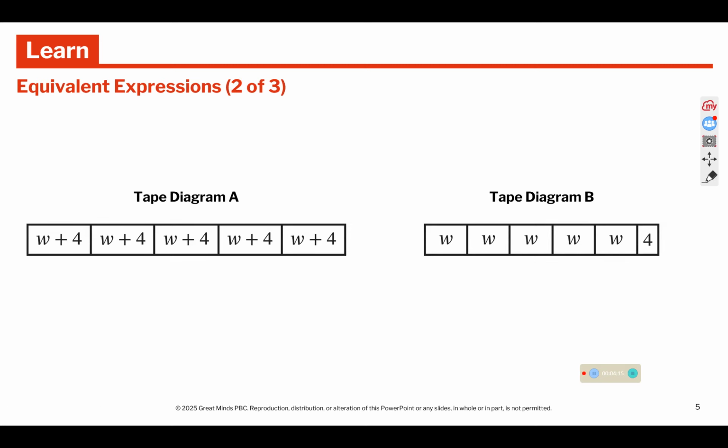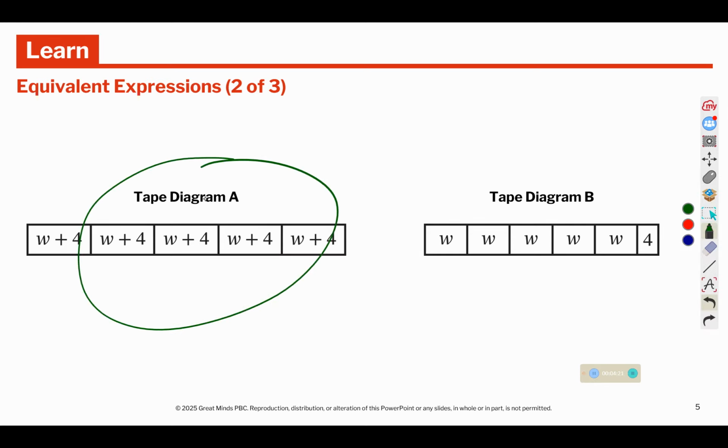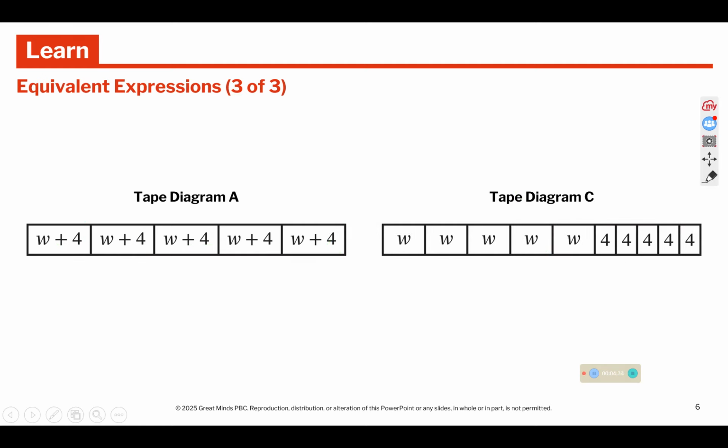So which one of these would be the correct representation for Noor? A, because it shows $4 extra every single day, whereas B only shows $4 extra one time. We could correct it by putting 5 4's and 5 W's.